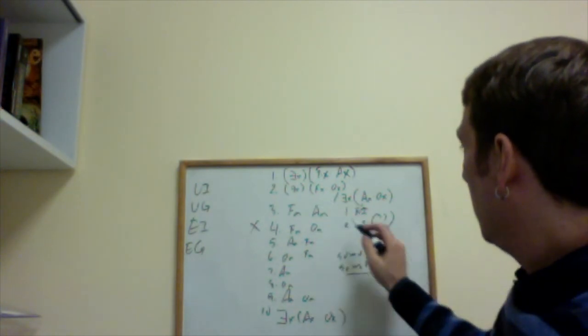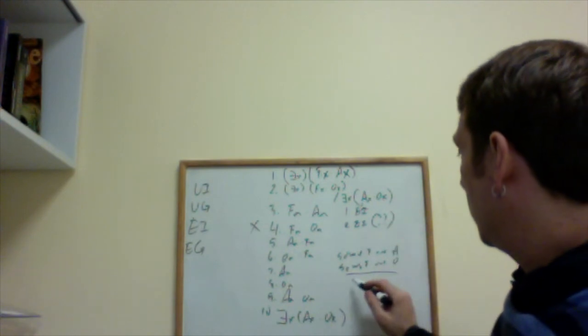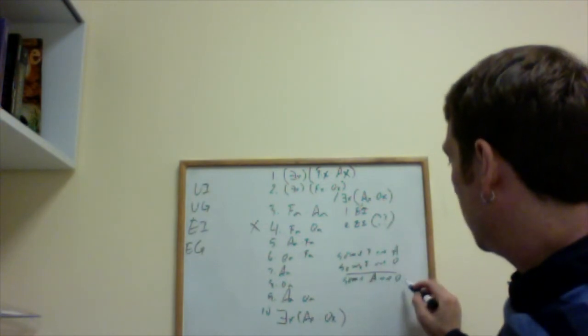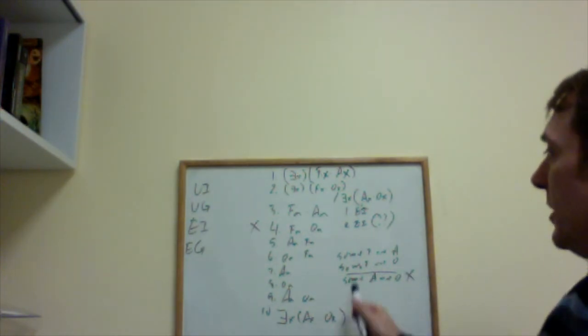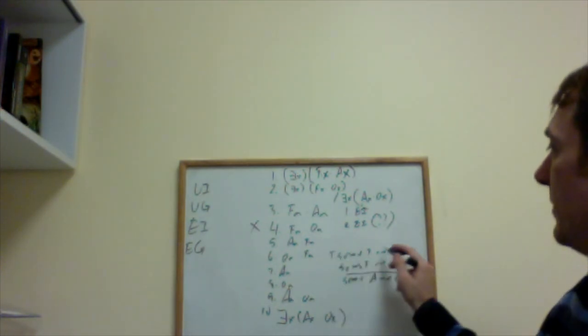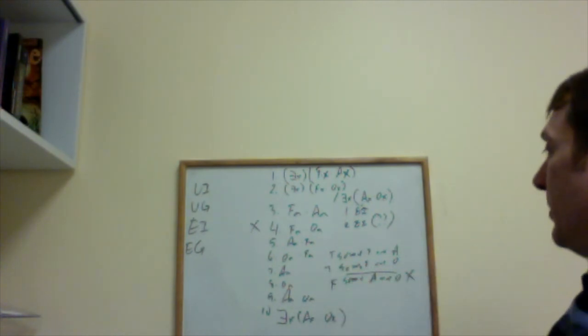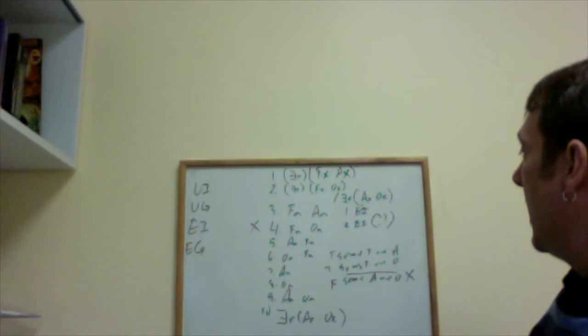So therefore, some apples are oranges. But now notice that conclusion is false, but these two things are true. It's true that some fruit are apples. It's true that some fruit are oranges. It's false that some apples are oranges.